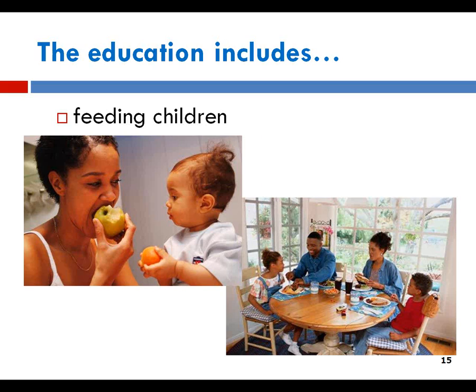The education includes feeding children, and I love this picture on the left there of the mom and the baby. We talk a lot about the importance of role modeling. We know that the most important thing for children learning how to behave, and part of that is learning how to eat, is role modeling.